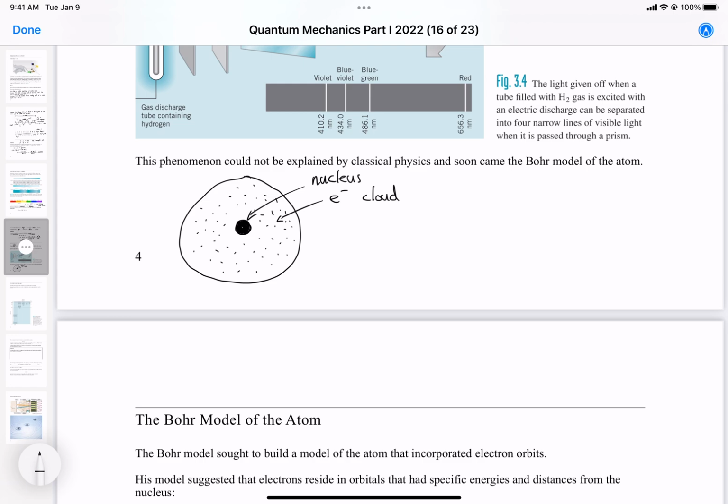So this was proposed, or kind of what we thought the model of the atom was, by Rutherford's gold foil experiment.